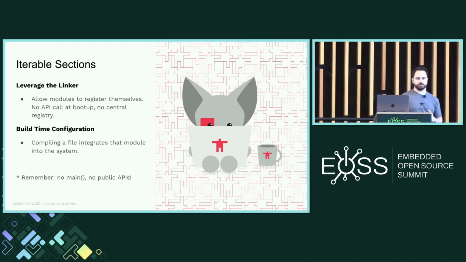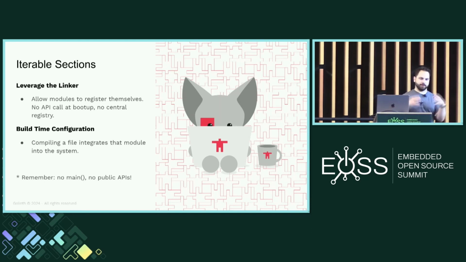Basically, you place a struct into a particular linker section at build time, and then the linker grabs everything from that build section and packs them into an order. That essentially creates an array in flash, and then Zephyr has facilities to iterate through that. What this means is modules can register themselves.